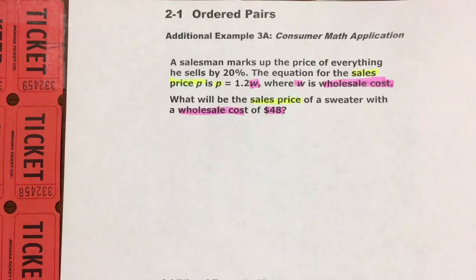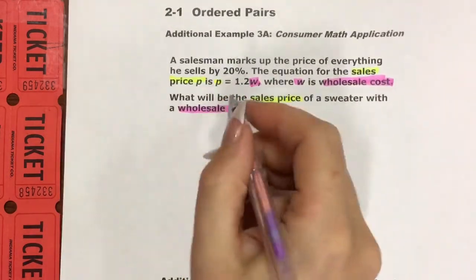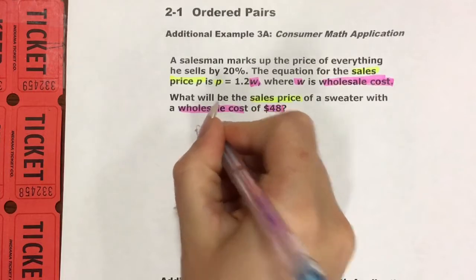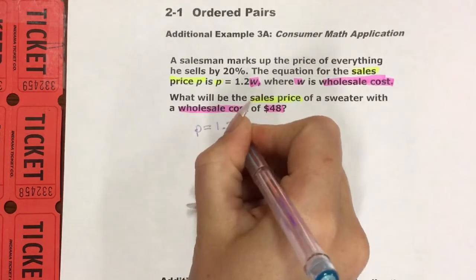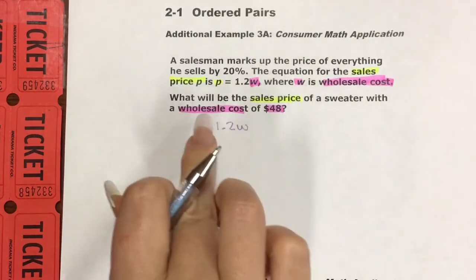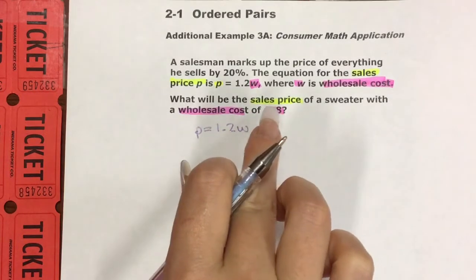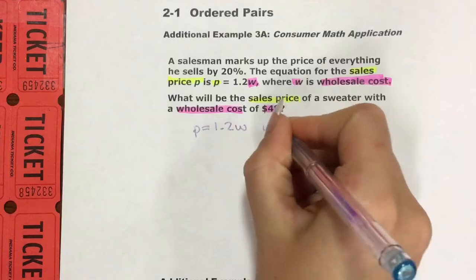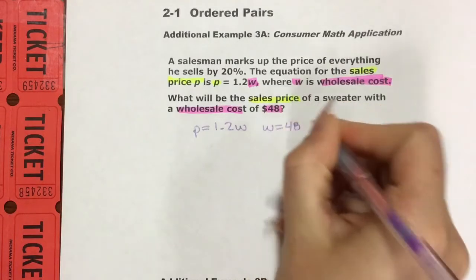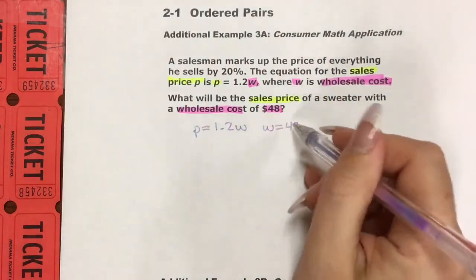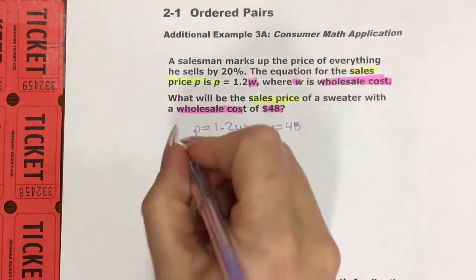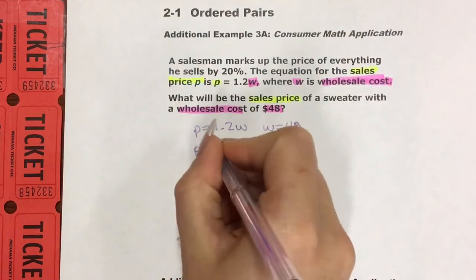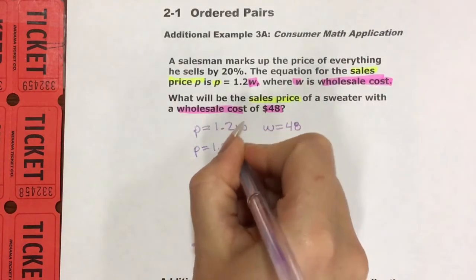To solve this, first we need to write down our original equation, P equals 1.2 W, and the wholesale cost is 48. That means W equals 48. So then we just substitute this value in for W. So P equals 1.2 times 48.